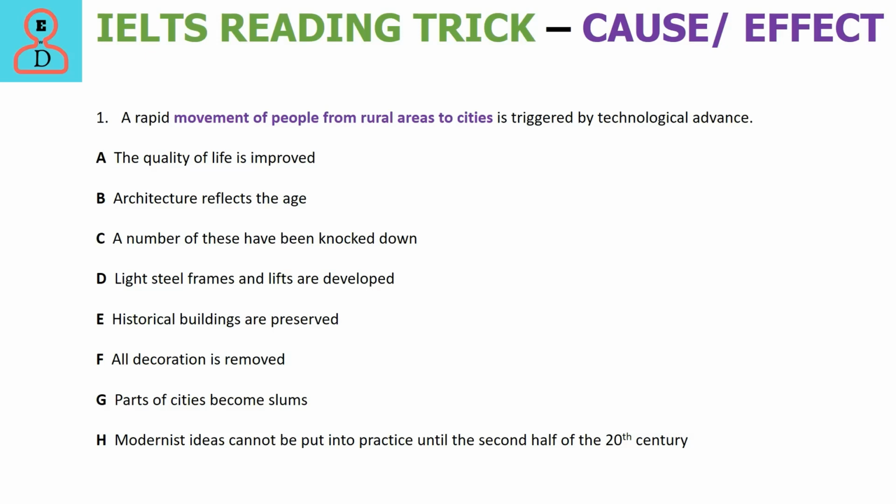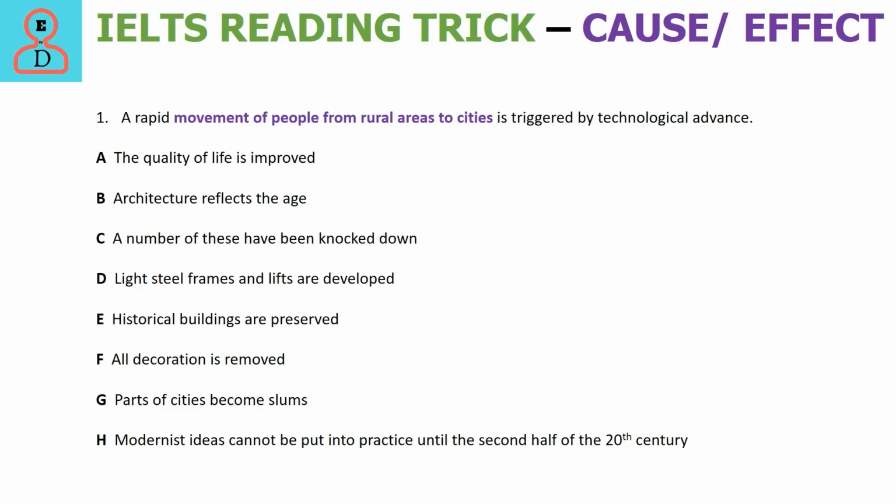The main subject of the statement is people and their movement from rural areas or villages to cities. Now, the movement from village to city is the cause, and we have to identify what would be its effect.